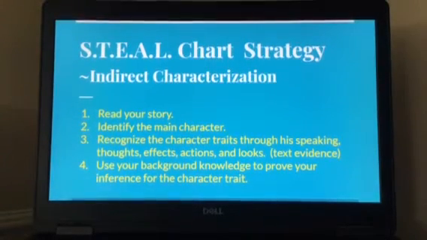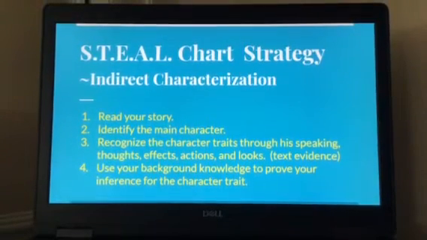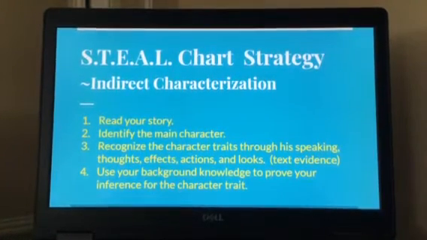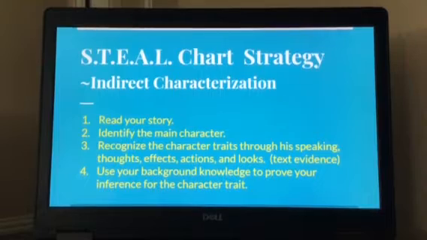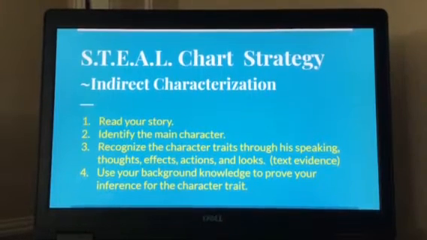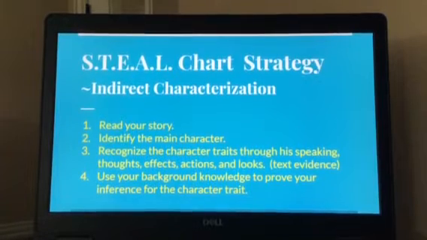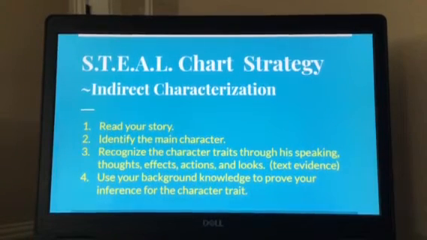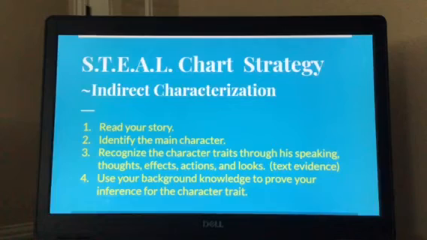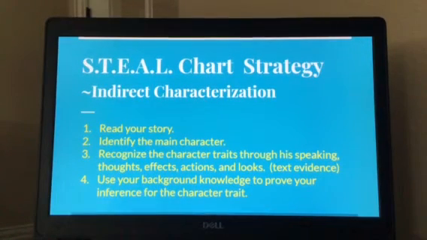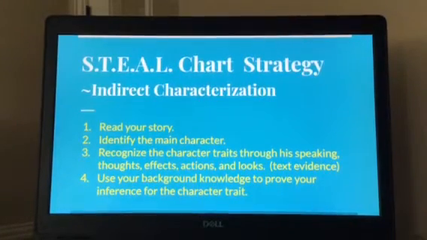The STEEL chart strategy is for indirect characterization. You will read your story, identify the main character, and recognize the character traits through S, speaking; T, thoughts; E, effects; A, actions; and L, looks. This is direct text evidence. Use your background knowledge to prove your inference for the character trait.